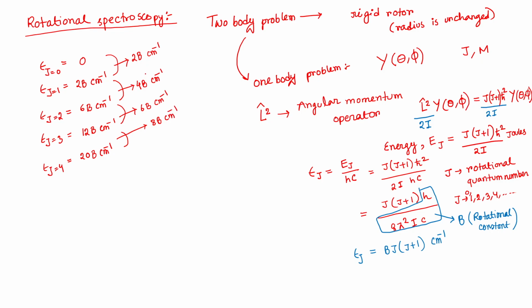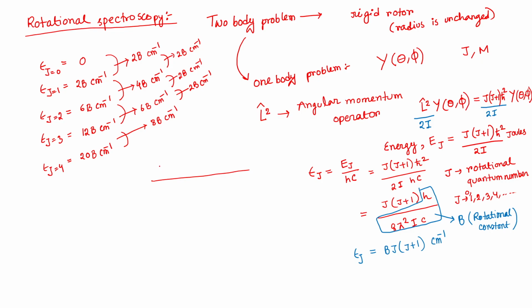If you see the gap between each line, it is now 2B and 2B, and this will go on. So for the transition 0 to 1, you will get a line at 2B. Then from 1 to 2 transition, we are going to get a line at 4B, right? So this is how your rotational spectrum will look.